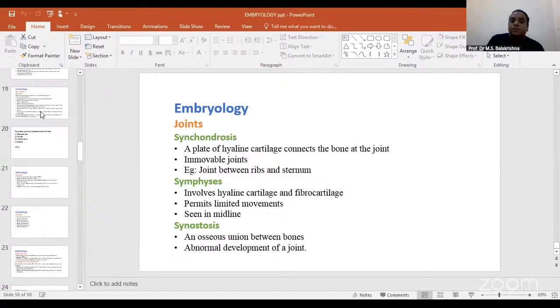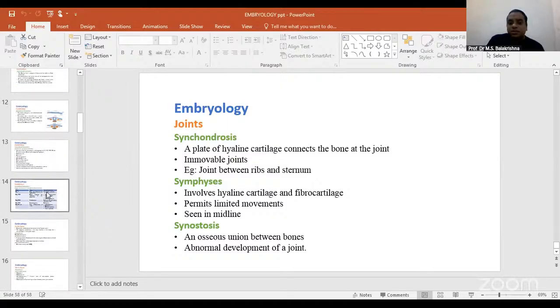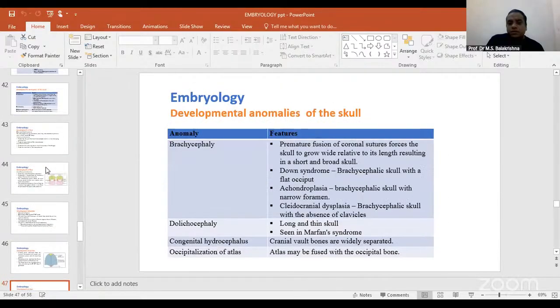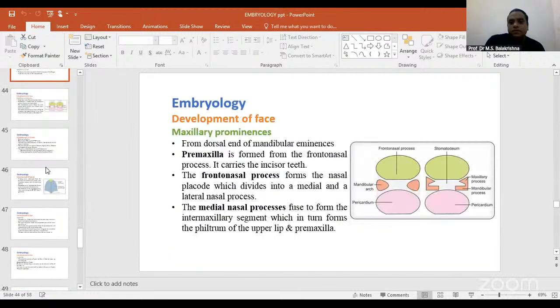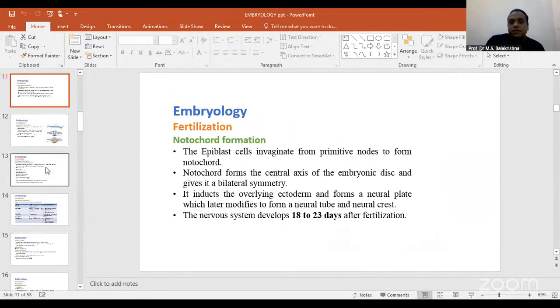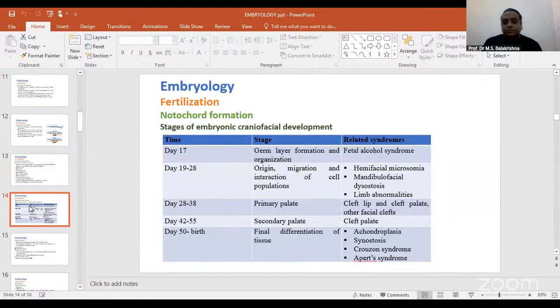Yes. So we were discussing the tables. At 19 to 28 days, hemifacial microsomia, mandibulofacial dysostosis, and lip abnormalities develop. 28 to 38 days, primary palate formation occurs, and if there is a defect in that, cleft lip and palate develop. 42 to 45 days, secondary palate formation occurs, and in this stage, if there is a defect, cleft palate develops.